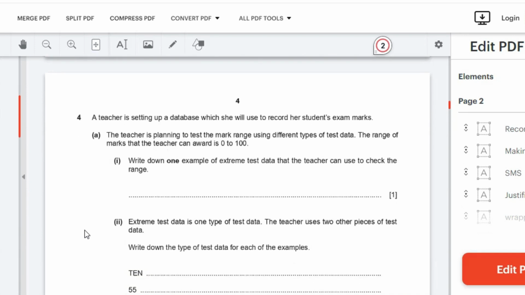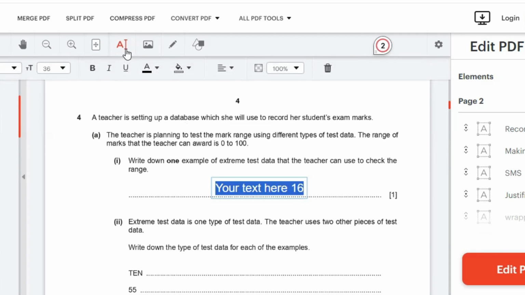Roman numeral 1. Write down one example of extreme test data that the teacher can use to check the range. All right. So the teacher is testing from 0 to 100. So we are to write down one example of extreme test data.